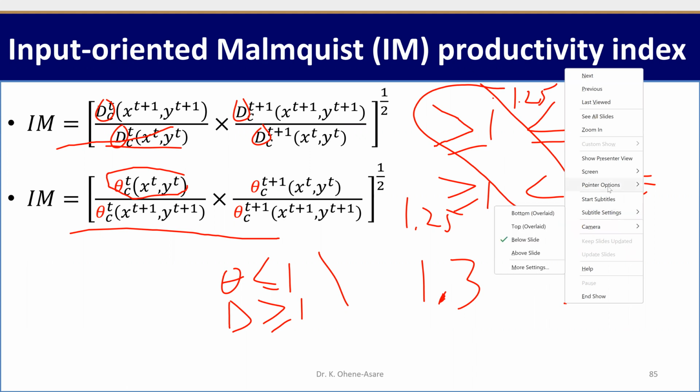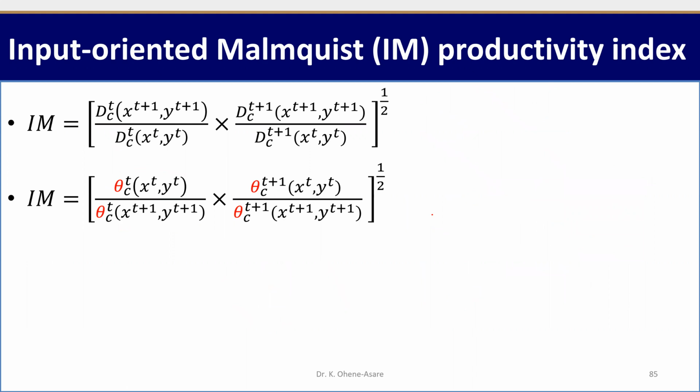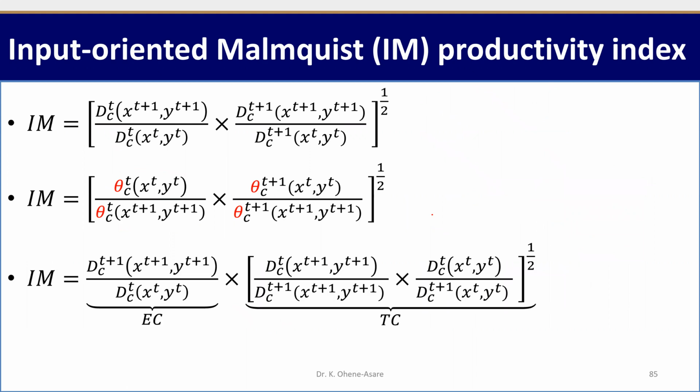Now, when you look at this whole information, we can decompose the Malmquist into two parts. And this is all in the paper by Färe, Grosskopf, Lindgren, and Roos, or Färe, Grosskopf, Norris, and Zhang. The first part is the efficiency change, which is a catching up to the frontier. The second part is the technological change, which is a frontier shift.